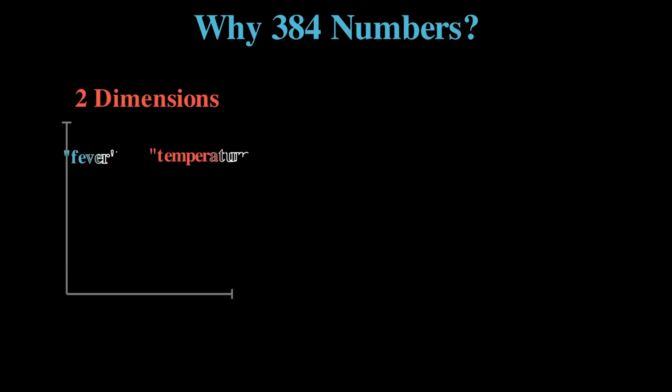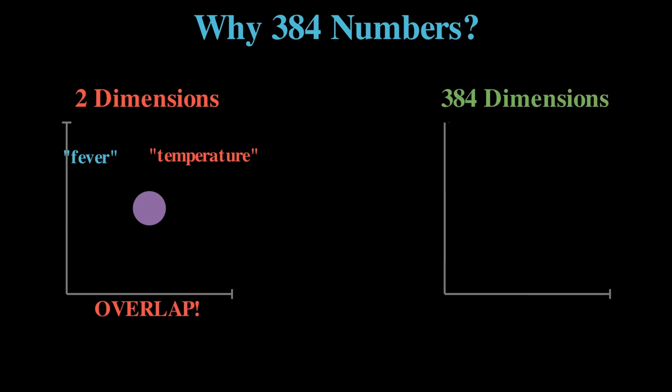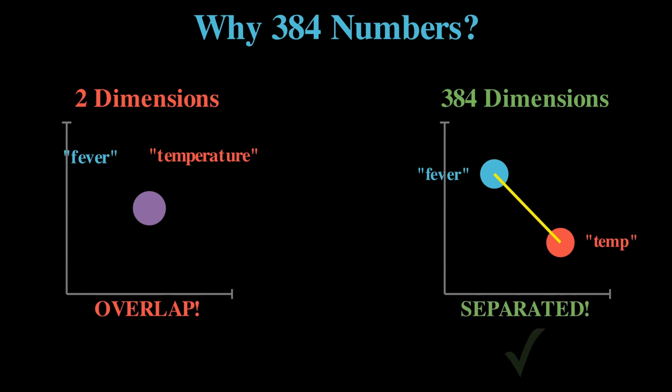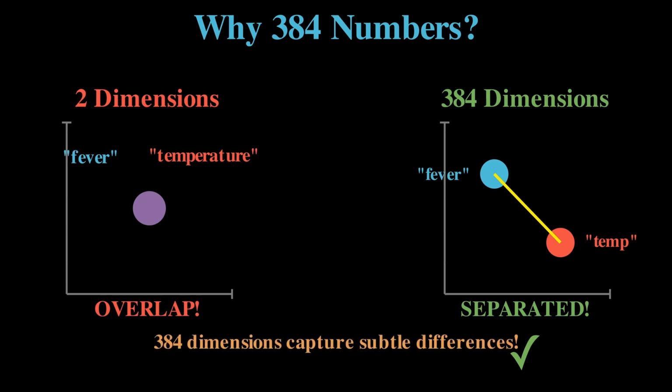You might be wondering, why 384 numbers? Why not just 2 or 3? The answer has two parts. First, more dimensions mean more details and better accuracy. Let me show you. With only two dimensions, there is not enough space to represent all the different meanings.